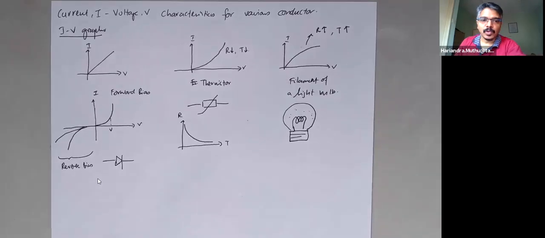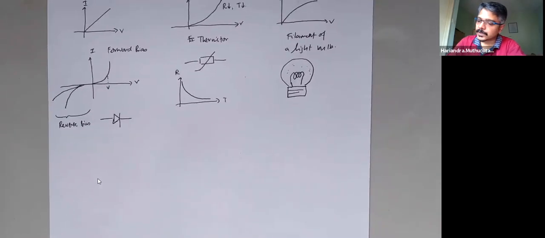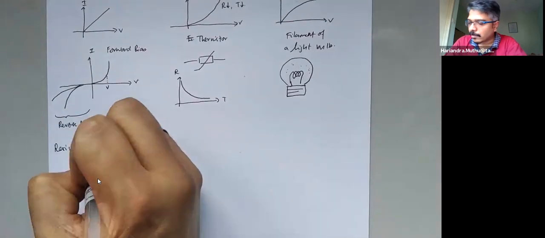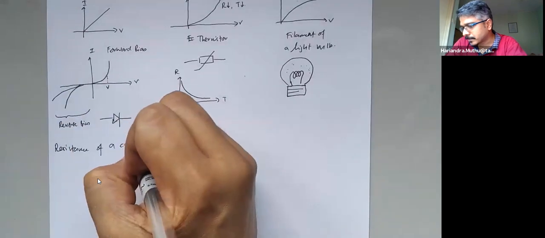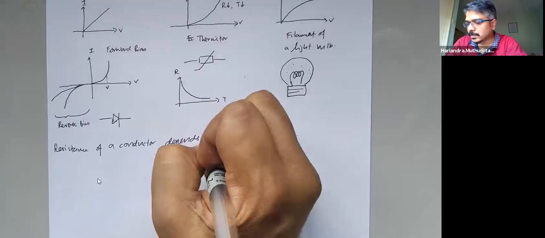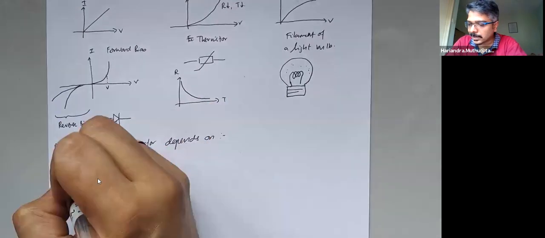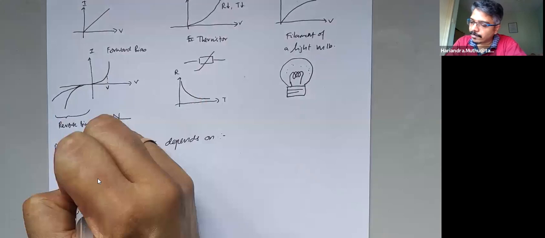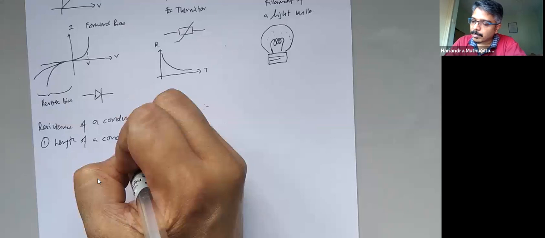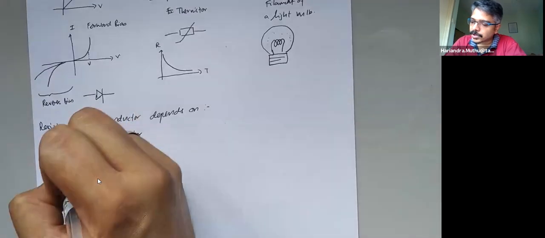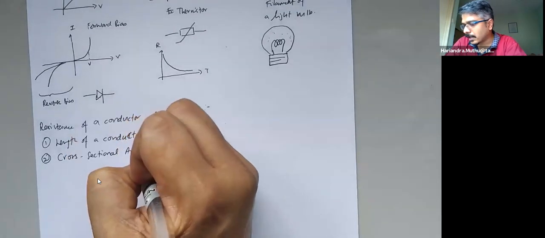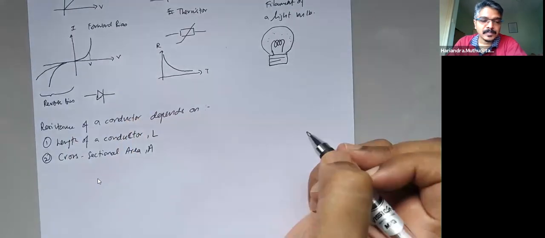Okay, let's continue more about the resistor. So the resistance of a conductor depends on, number one, the length of the conductor. Number two, the cross-sectional area, A, and this is the length.